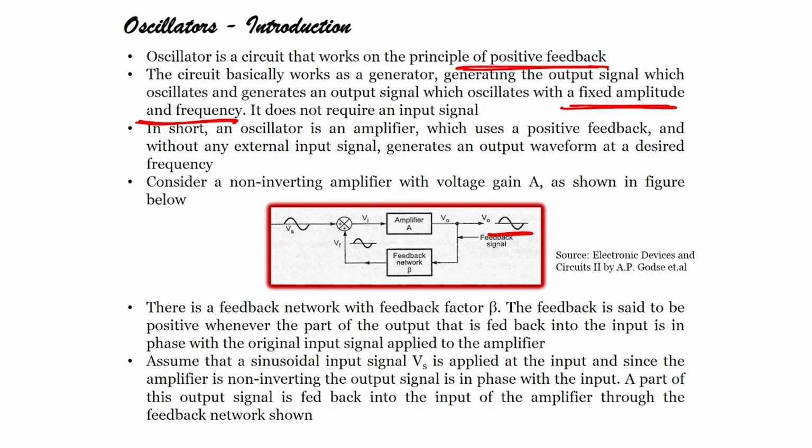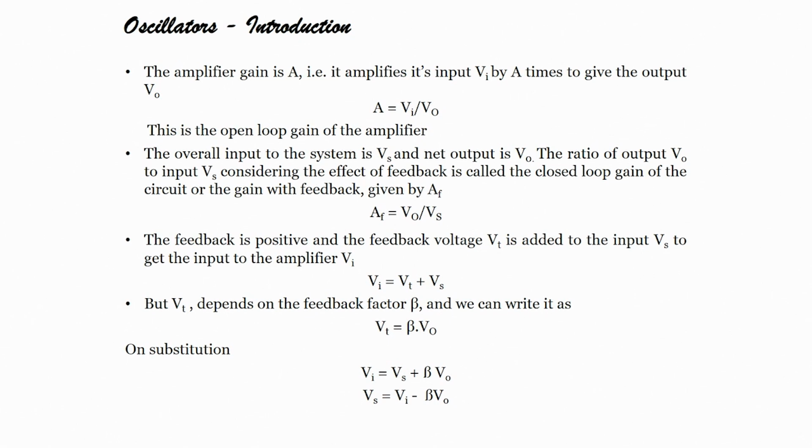Third, the feedback is said to be positive when the part of the output signal that is fed back to the input is in phase. Okay. So, these things we have learned in the introduction to the oscillators.